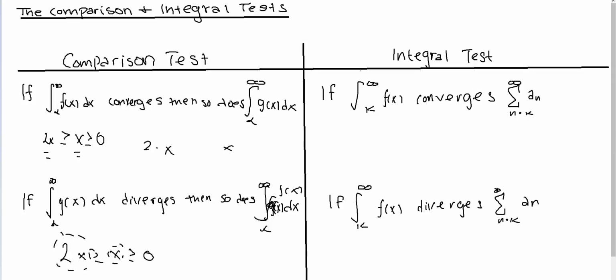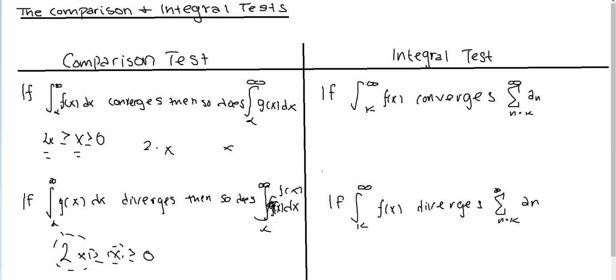Now we're going to move on to the integral test. The integral test is actually more simple than the comparison test, or it's actually very variant based on how you like to see things in math. We're saying in the integral test, if the integral from k to infinity, which are our two bounds, of f of x converges, then so does the series that we're dealing with.